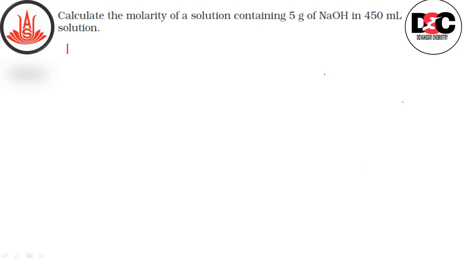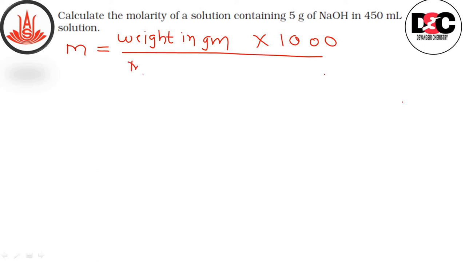Molarity is equal to weight in gram multiplied by 1000 upon molar mass of NaOH multiplied by volume in ml.